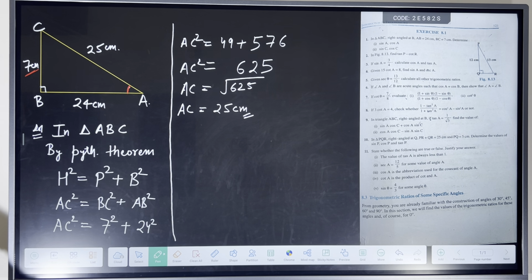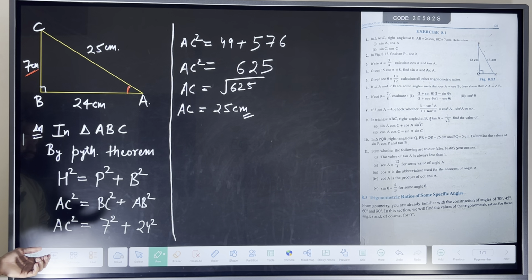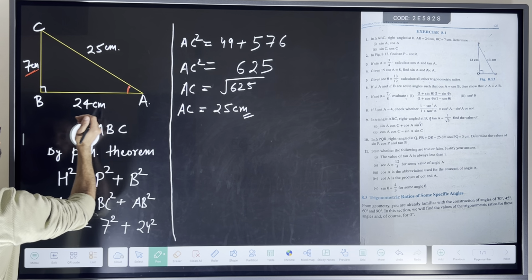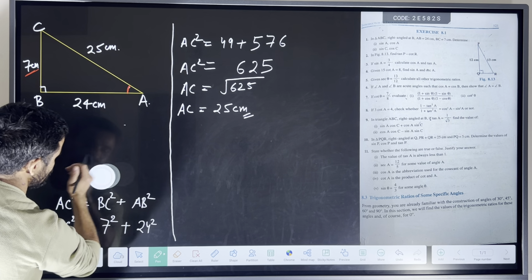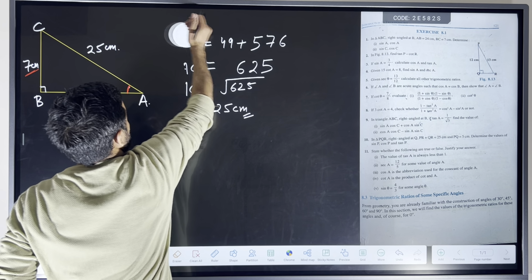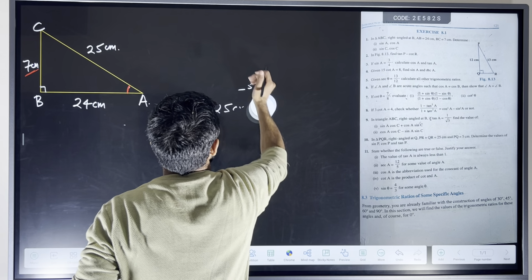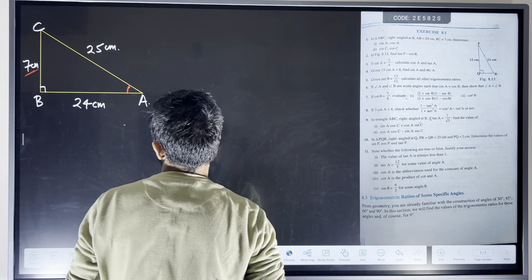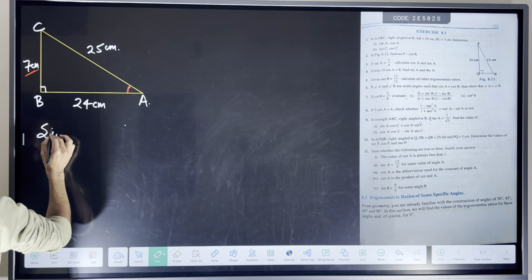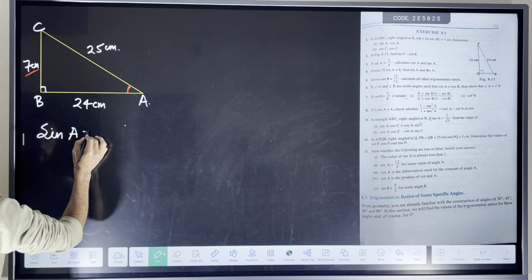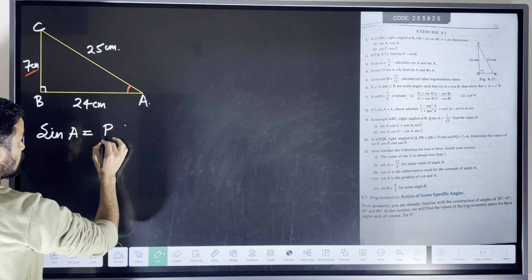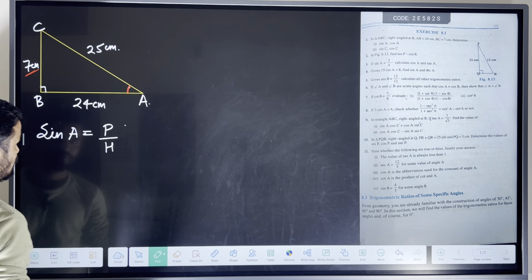Now what we need to find is sine of angle A. Sine of angle A is perpendicular upon hypotenuse.